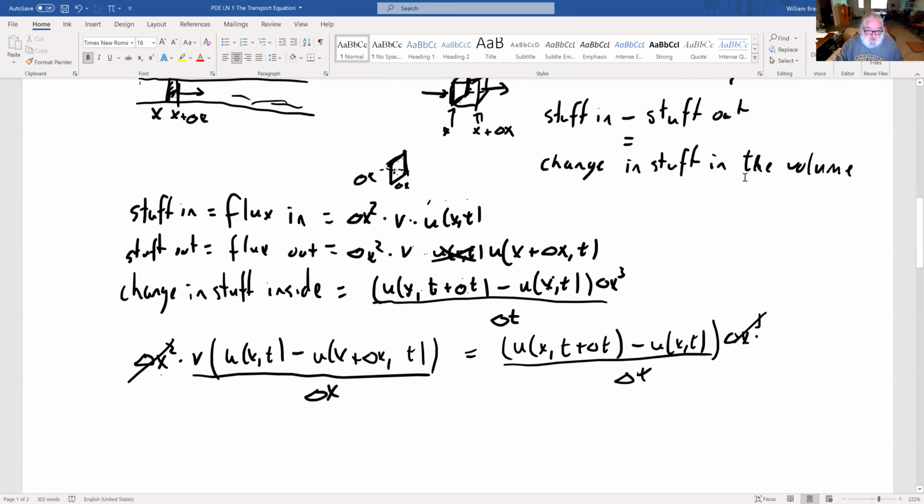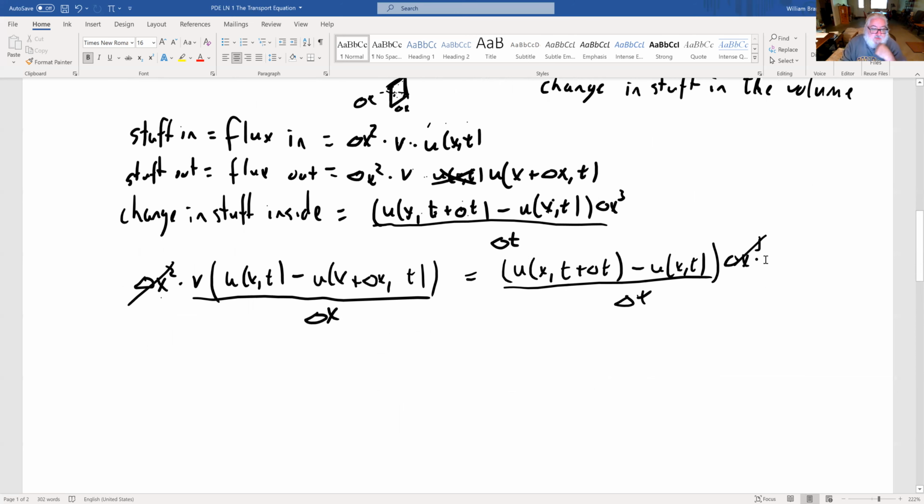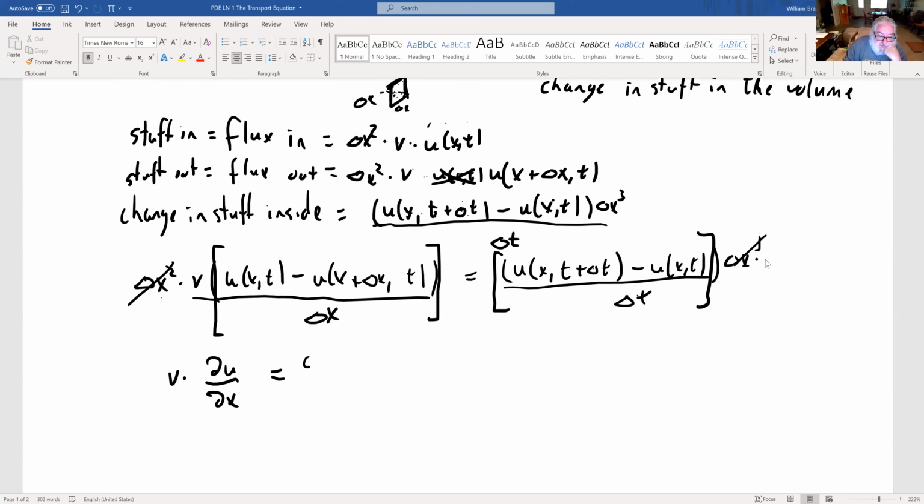And why do we want to do that? Well, if we take the limit as delta x goes to 0, this becomes v times du/dx. And if you take this, notice the t plus delta t there, take the limit of that as delta t goes to 0, you get du/dt.